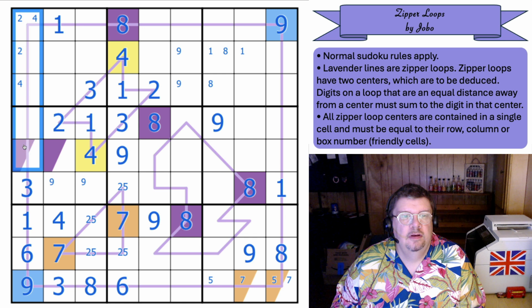Right. I do need an 8 somewhere along here. 8 is in one of those 3 cells in this column, which places 1 here, here, or here.